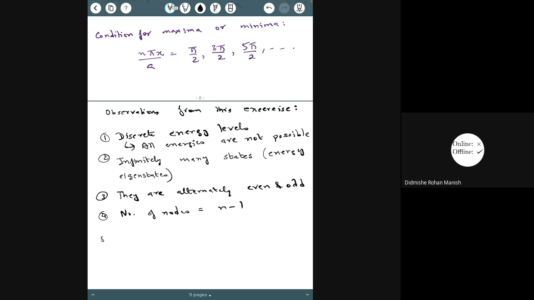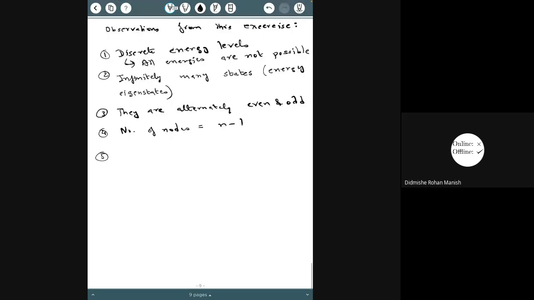And the fifth thing, which I will show you now, is that the eigenstates are mutually orthogonal. So every eigenstate of energy that we've obtained is orthogonal. Let's look at the proof. It's simply a matter of working out an integral.